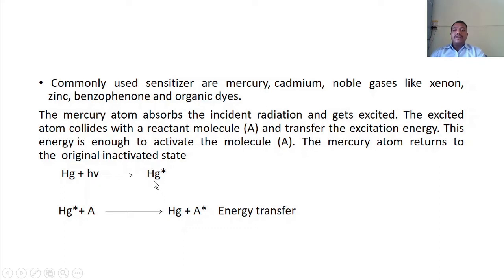Now, this activated mercury atom transfers the energy to the reactant molecule A. Once it transfers its energy, it returns back to its original inactivated state. Now the reactant molecule gets activated and the reaction will take place.